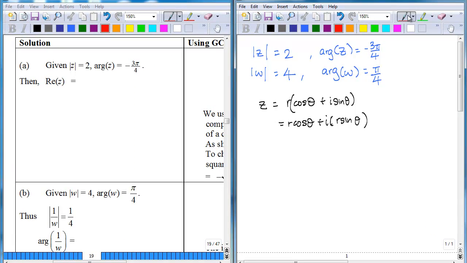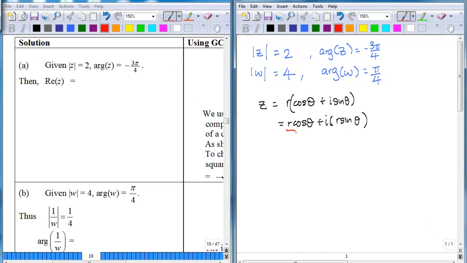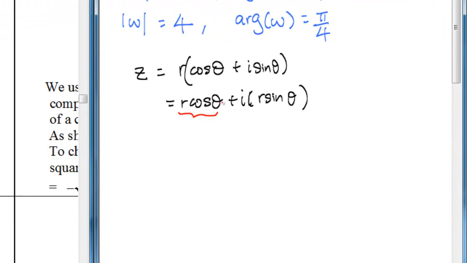The main concept that you need to know is that the term before the addition sign, without the i, is the real part of the complex number. It is actually the x in the x + iy form.